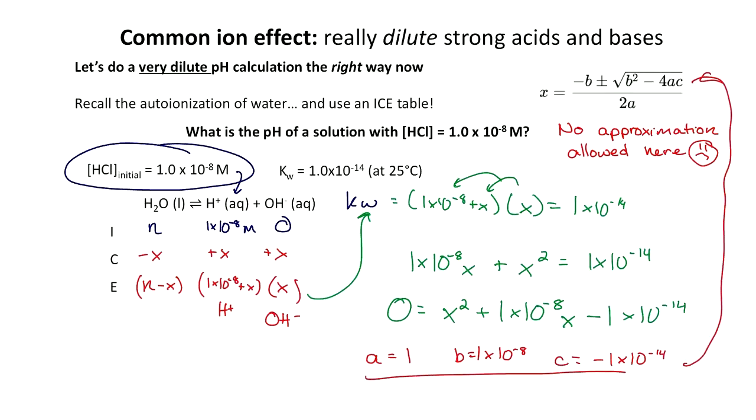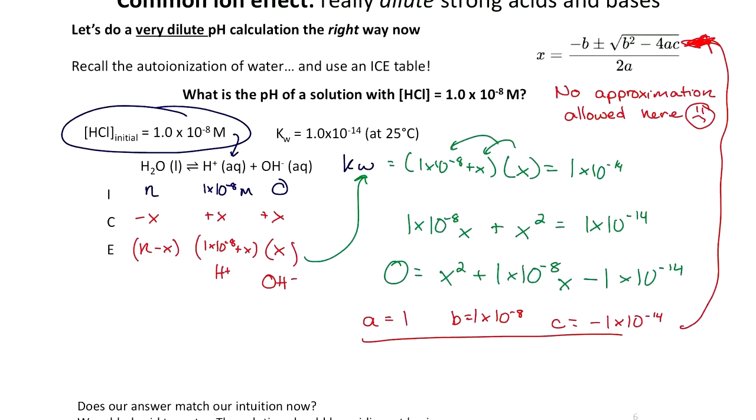We can go ahead and solve the quadratic to find what x is. When you do this, the x that makes the most sense, the positive value, is 9.5 times 10 to the negative 9 molarity. But that's the molarity of what? Of hydroxide.